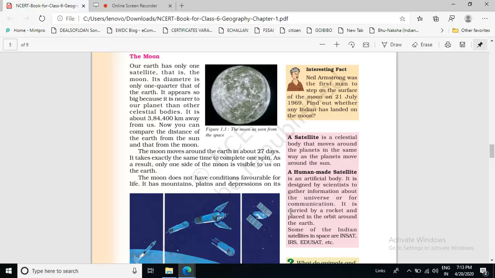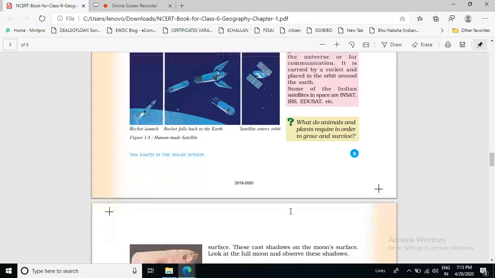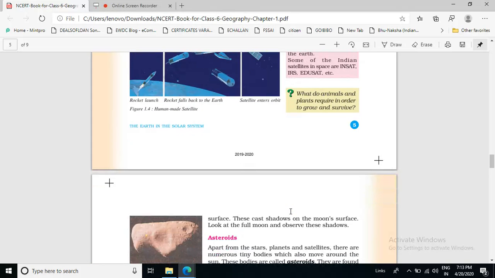Then we see that there are so many mountains and plains and depressions on its surface, and because of these mountains and depressions we see shadows on the moon's surface, and that is the reason the moon does not look bright all over its surface.